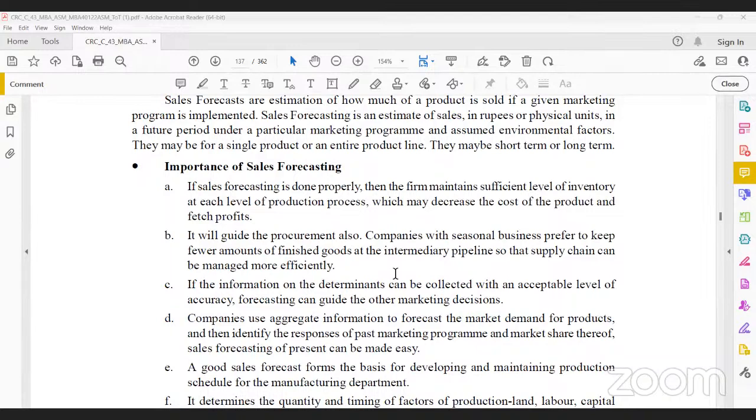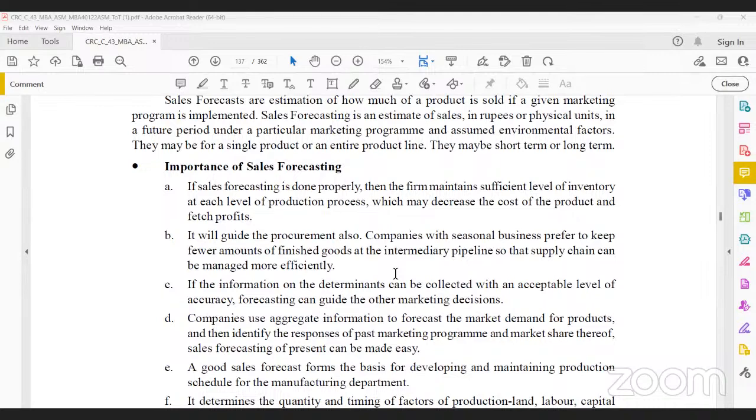If sales forecasting is done properly, then the firm maintains a sufficient level of inventory at each level of the production process, which may decrease the cost of the product or fetch profits. It will guide the procurement also.